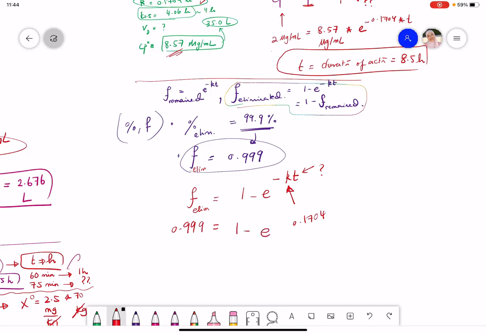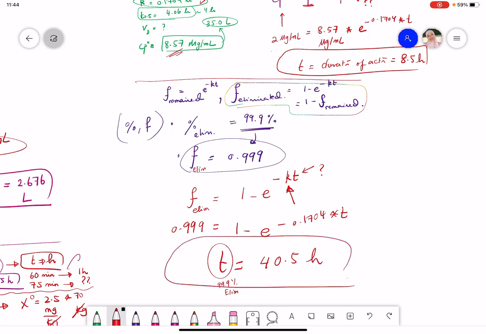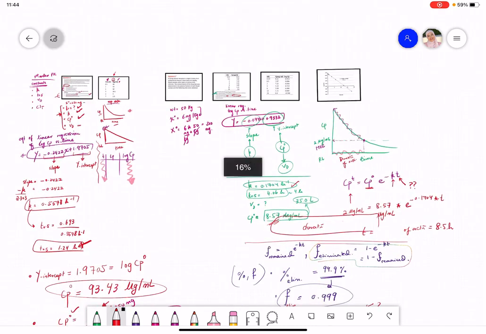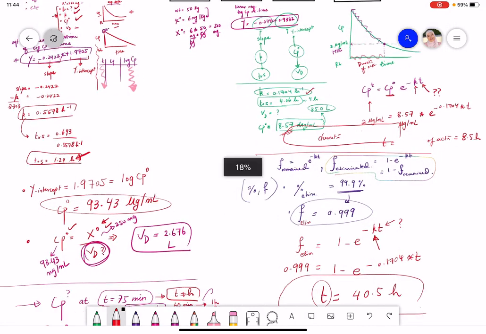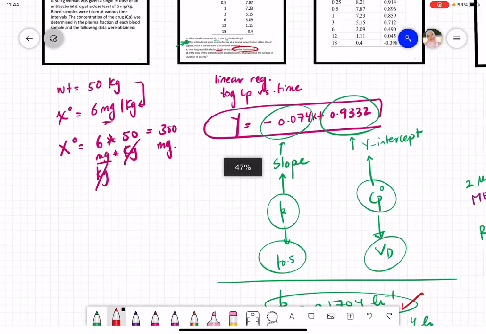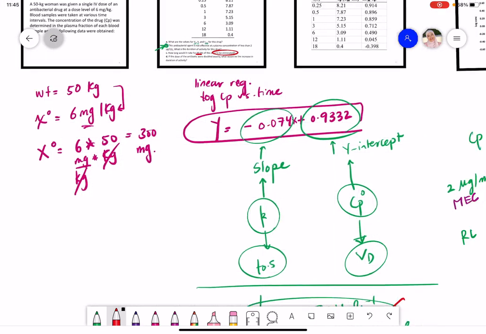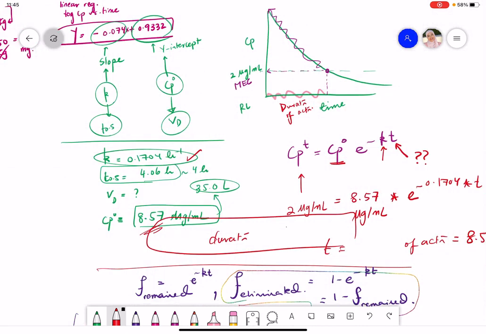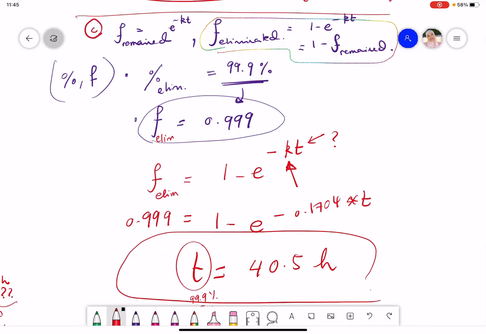Then if you rearrange the equation, the time for 99.9% of the drug elimination equals 40.5 hours. So this is answer C. This is B, and this is C.